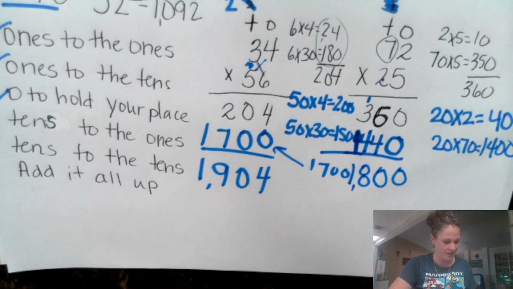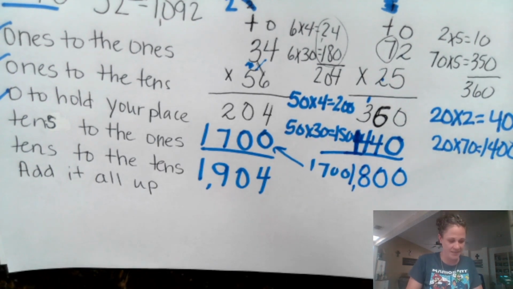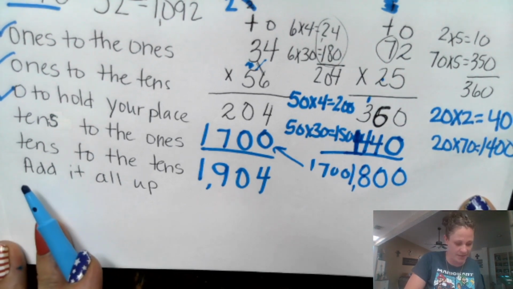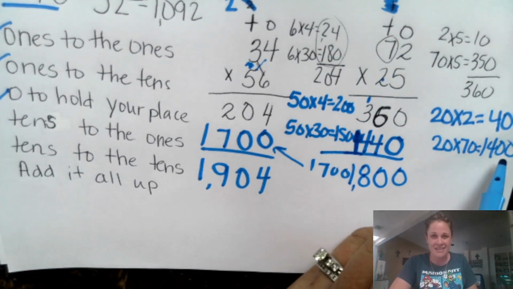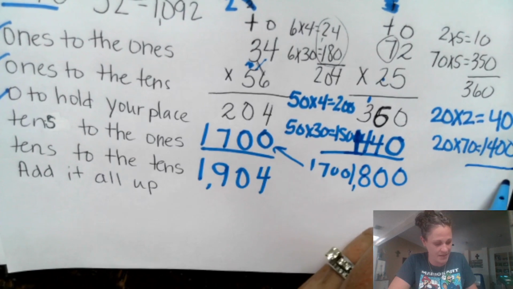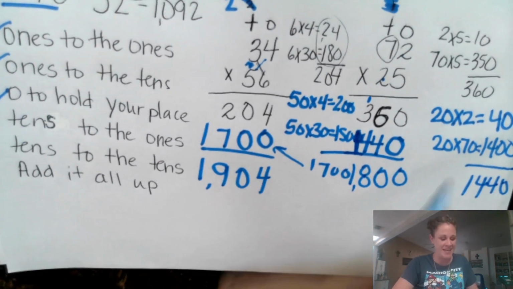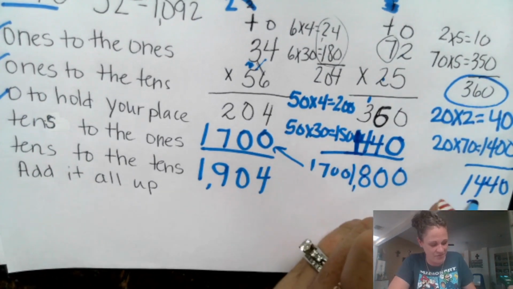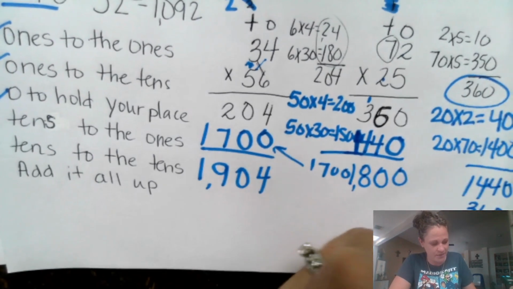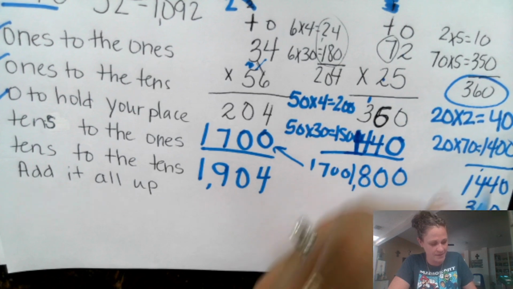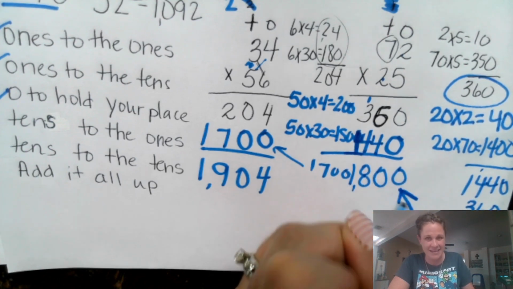Okay, let me add this up. 1,800. Uh-oh, what happened here? Let's see here. Oh, I didn't do my last one. Okay, so then if I add these two together, I get 1,440. I need to go back and add my 360. Oopsie. And there we go.